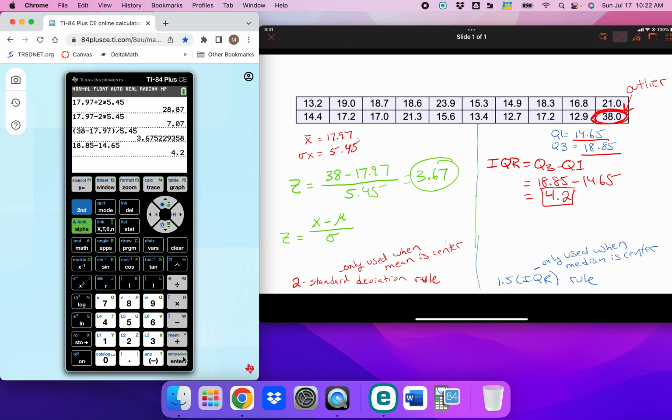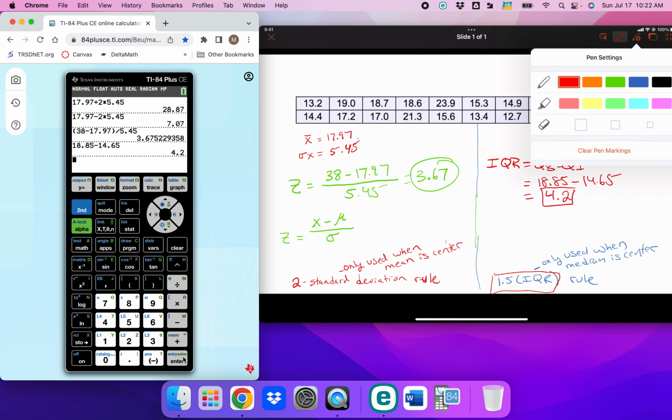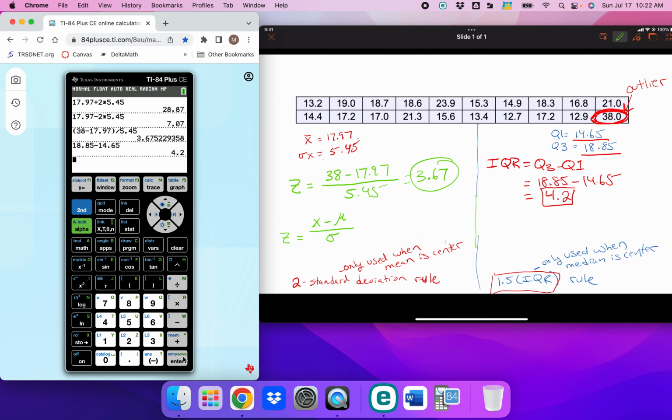That's telling me the distance between Q1 and Q3 is 4.2. But I need 1.5 times the IQR. Actually, just a second here. I'm going to erase this. I need more room. So my IQR equals 4.2.